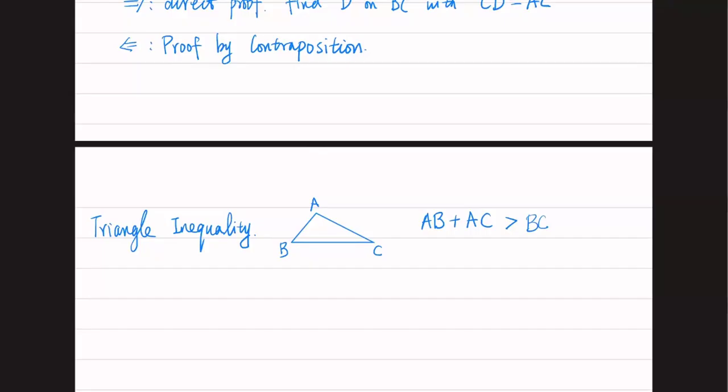We will extend AC to where? With the same length as AB. So this is about, okay.